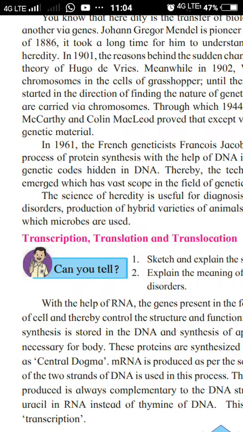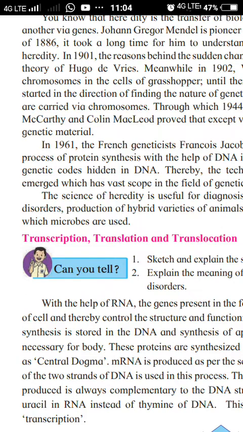How does it form mRNA? Before seeing that, let's revise RNA. There are 3 types of RNA, that is mRNA, tRNA and rRNA. mRNA means messenger RNA, tRNA is transfer RNA and rRNA is ribosomal RNA.